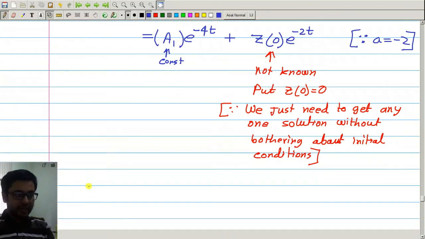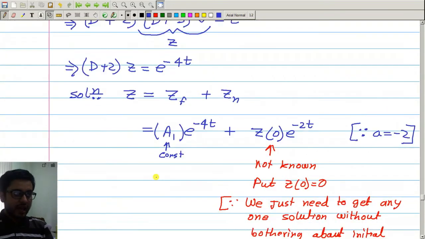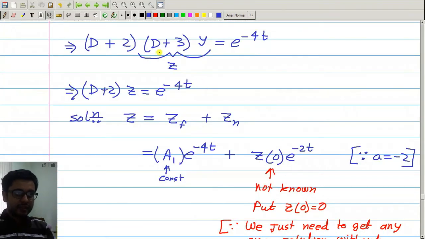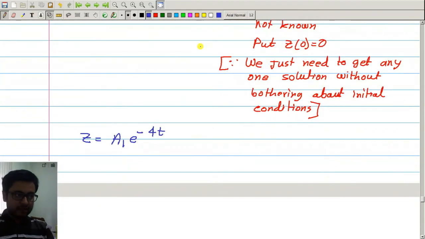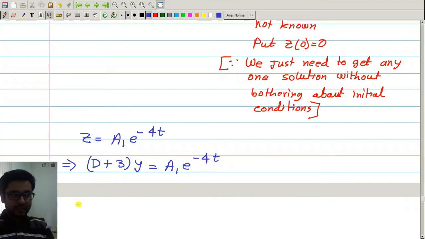So let me write z is equal to a1 e to the power minus 4t, and z by definition is equal to d plus 3 acting on y. So we have d plus 3 acting on y is equal to a1 e to the power minus 4t.